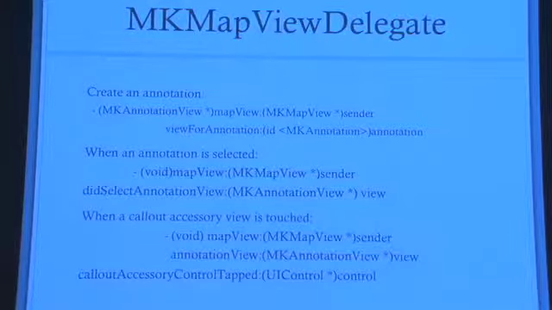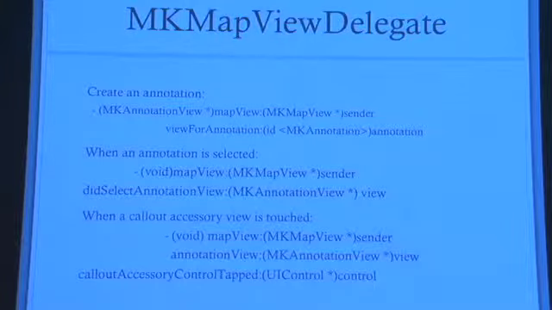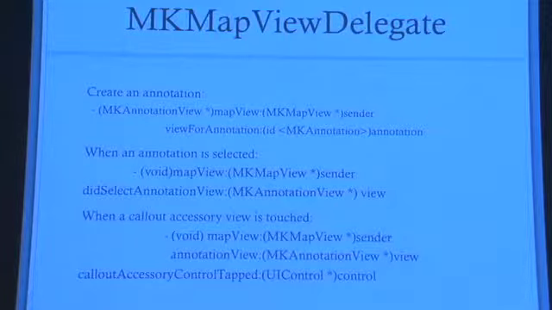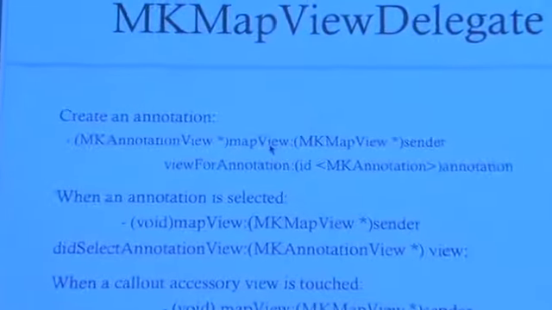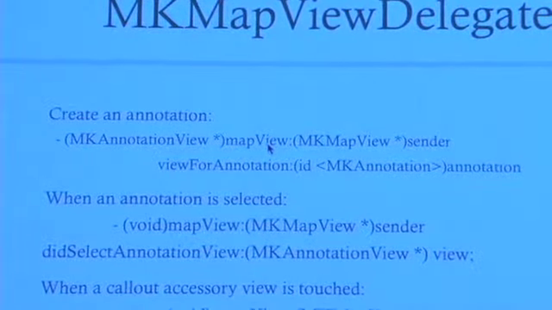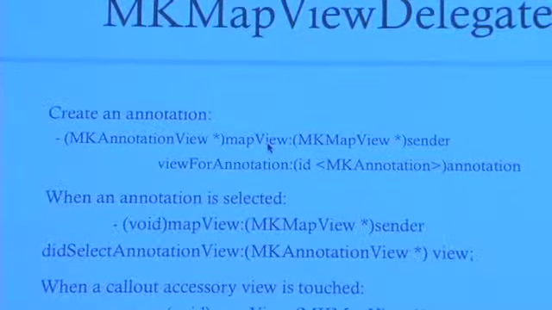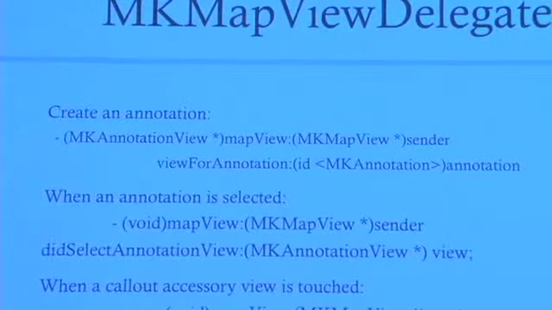Creating an annotation uses this method, mapView viewForAnnotation, which is similar to the table view's, I think it's cellForRowAtIndexPath. It's similar to that one. And so this basically will just tell you what annotation view to put for that annotation.